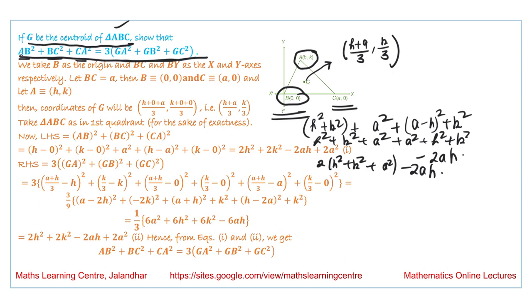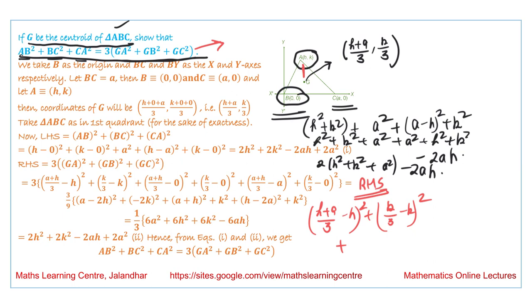Now if we try to solve the right hand side of this equation, we have 3 times (GA square plus GB square plus GC square). So if we calculate the length GA square, it is (h plus a by 3 minus h) whole square plus (k by 3 minus k) whole square.